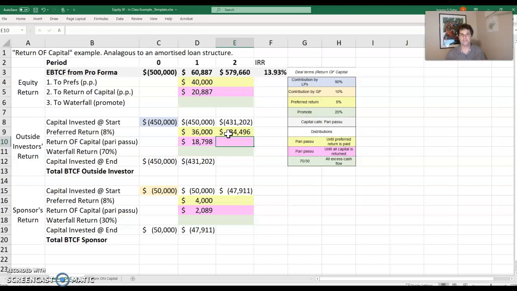They've paid down their principal or their equity investment. So the pref payment is not as big for the subsequent periods because of that return of capital. So in our second period, our pref payment is less, as expected, because there's less invested capital.